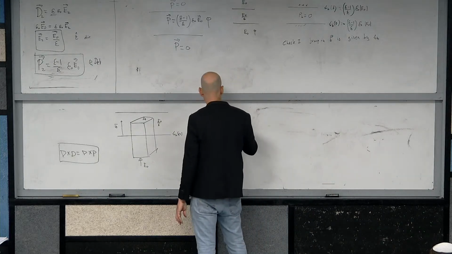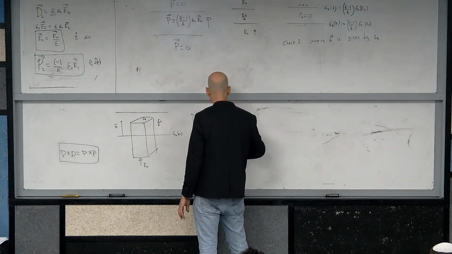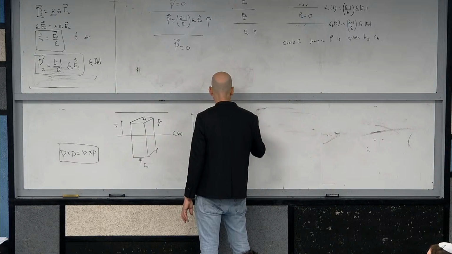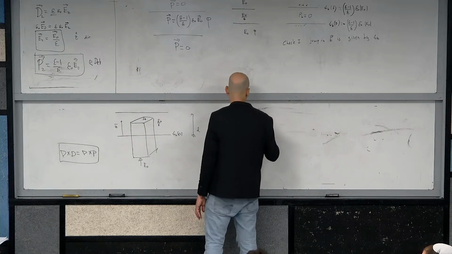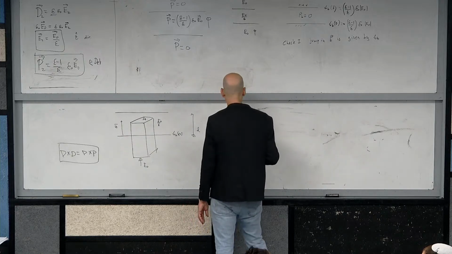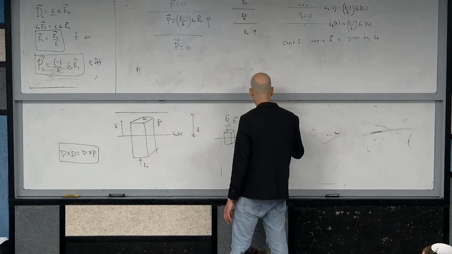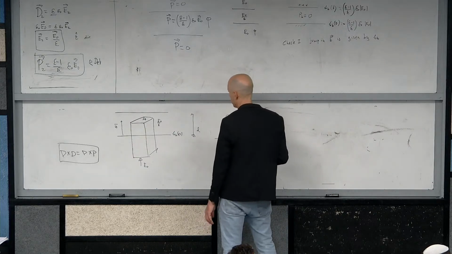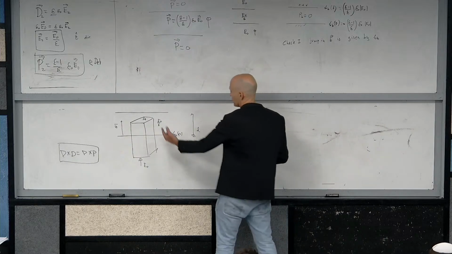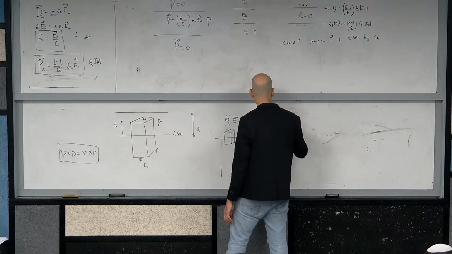So, the integral of E dA on this box is equal to the surface A, and one of them is with a plus and the other one with a minus. So this one is with a plus, actually.